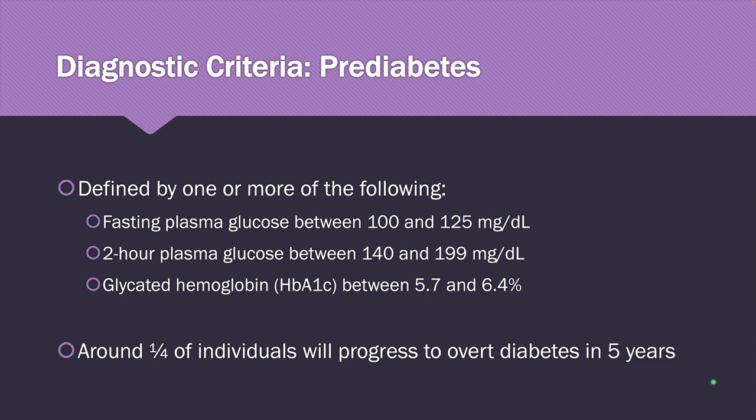It is defined by one or more of the following: fasting blood glucose between 100 to 125, 2-hour plasma glucose between 140 and 199 milligrams per deciliter, given a 75 gram loading dose for this 2-hour glucose, and HbA1c levels between 5.7 and 6.4%. Around 1/4 of individuals with these laboratory tests will progress to overt diabetes in under 5 years.